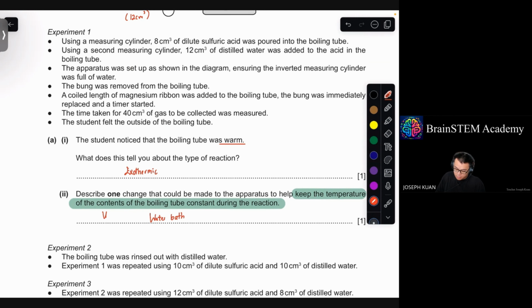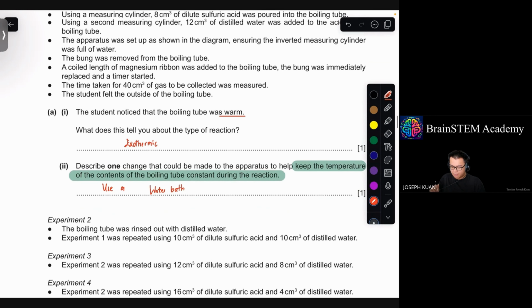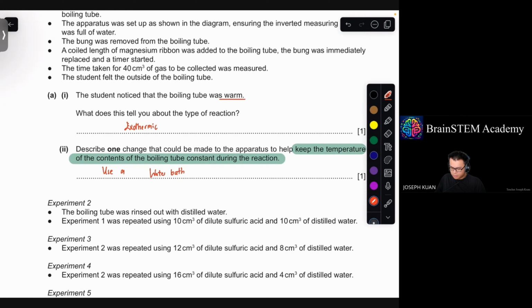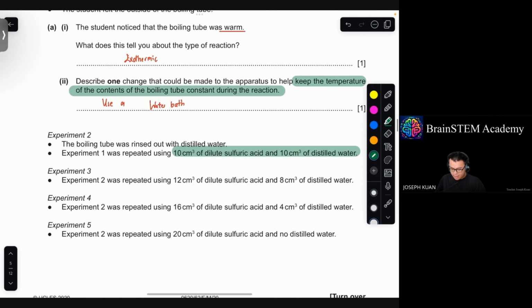Right? So let's look at experiment 2. The boiling tube was rinsed out with distilled water. Experiment 1 was repeated using 10 cm³ of dilute sulfuric acid and 10 cm³ of distilled water. Experiment 3 was repeated using 12 cm³ of dilute sulfuric acid and 8 cm³ of distilled water.